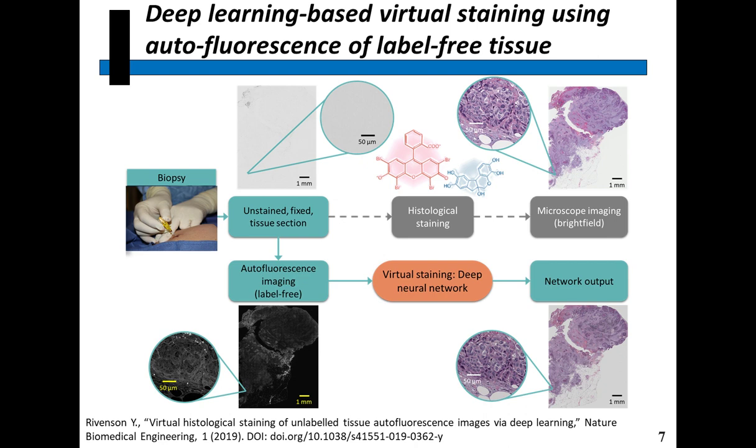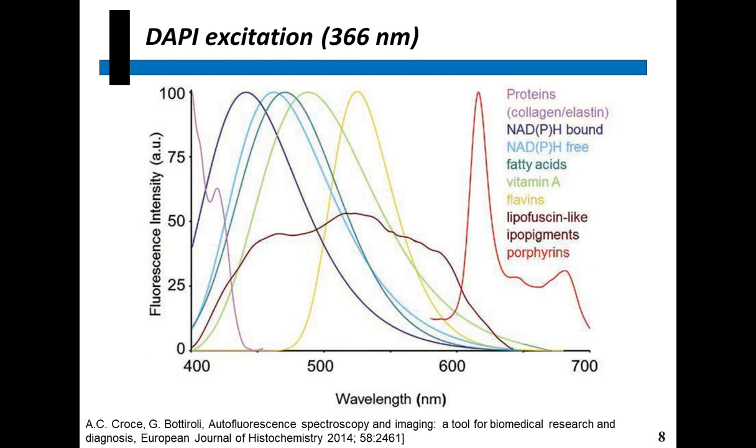So here we demonstrated a deep learning approach that is completely label-free, which we call virtual staining, and it's using a single auto-fluorescence image of the section tissue, and it has the potential to eliminate the histological staining process, and from a single auto-fluorescence image to create a matching image from a bright field microscope following the staining process of the tissue.